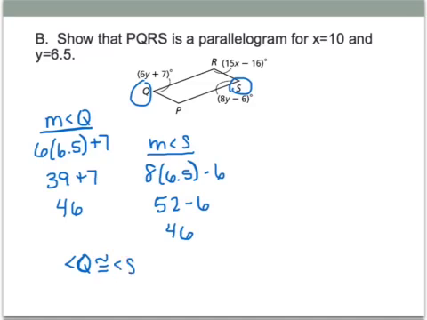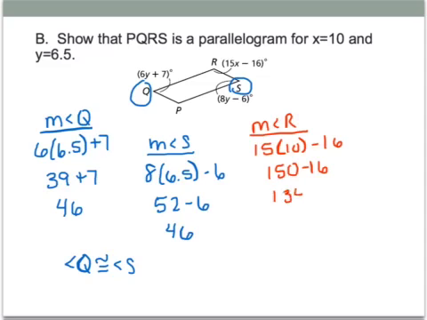Okay, now let's check to see that consecutive angles are supplementary. So plug 10 in for X at angle R. I have 15 times 10 minus 16. That is 150 minus 16. So it'll be 134. Alright, so we need to check that R and S and R and Q are supplementary.